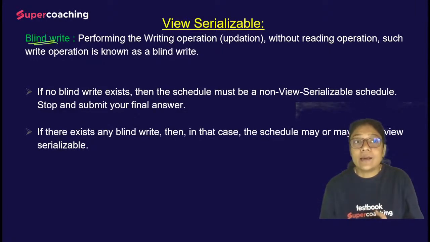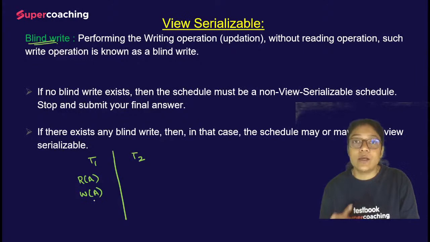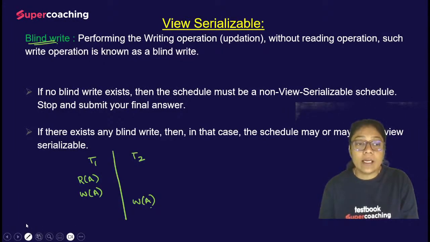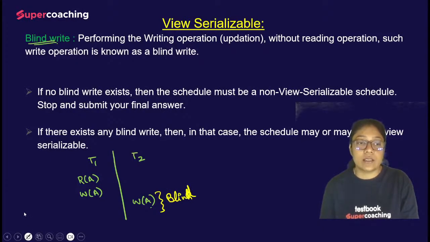Okay, अब blind write के basis पे, let's take the example T1 and T2. Let us assume that T1 is performing the read operation on data item A and then it is performing the write operation. पहले इसने value को read किया and then it is writing the value, whereas T2 is directly writing the value of A. So without reading any value, if it is writing, that is known as blind write.